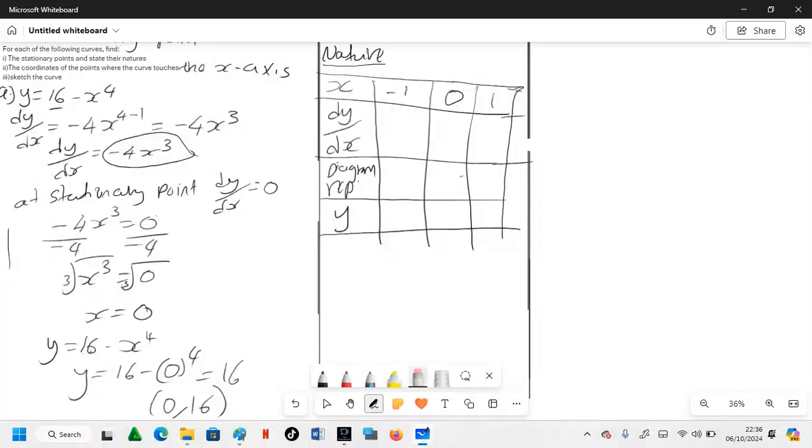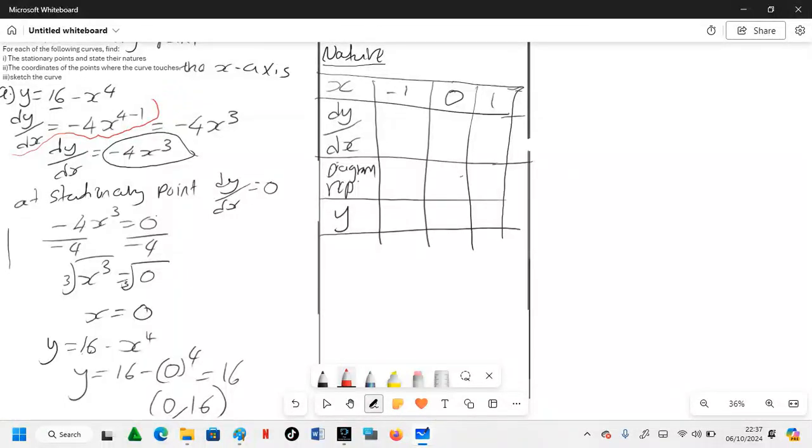So our first example is y is equal to 16 minus x to the power of 4. And remember we said that for us to find the stationary point, we need to find the derivative. So we are saying dy dx is equal to negative 4x to the power of 4 minus 3.